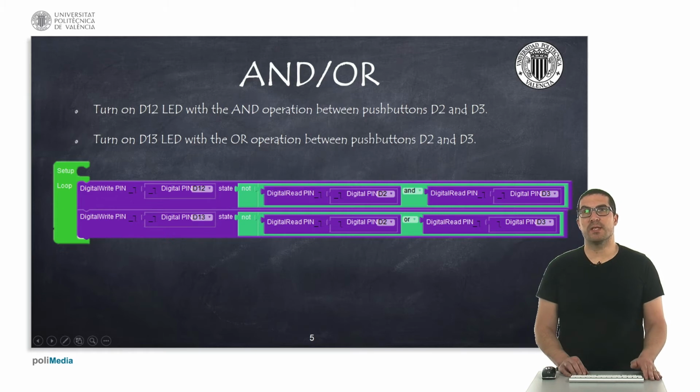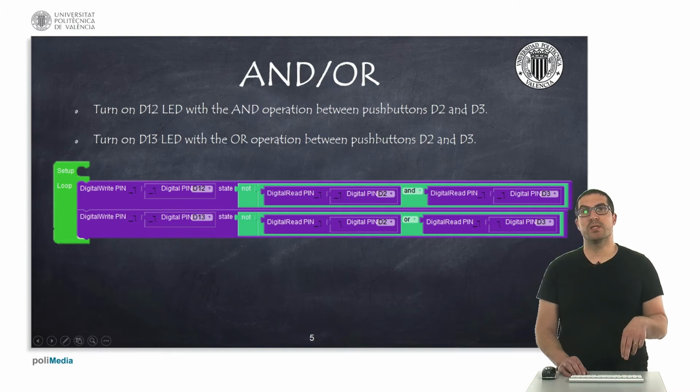So let's move to the examples. In this first example, what I'm simply showing you is the logic for performing an AND operation or an OR operation. Here we're using the two switches that are available in the multisensor board. They are connected to digital pins D2 and D3.